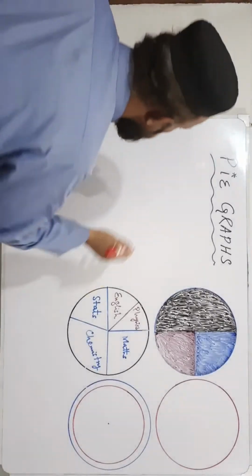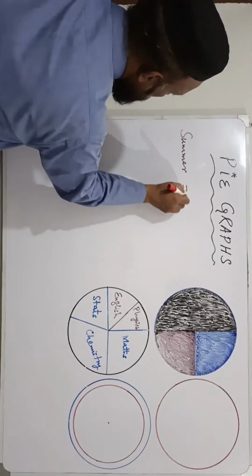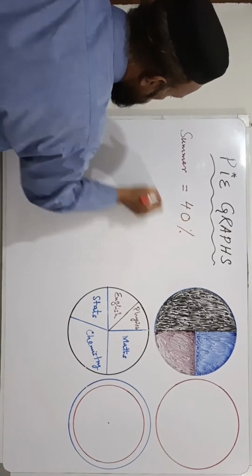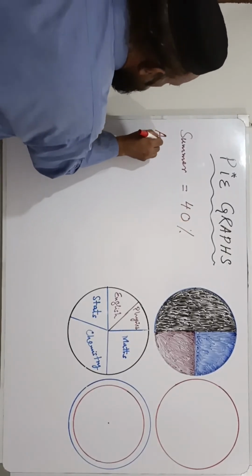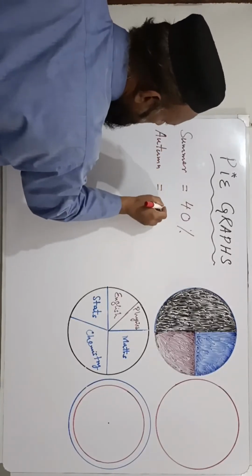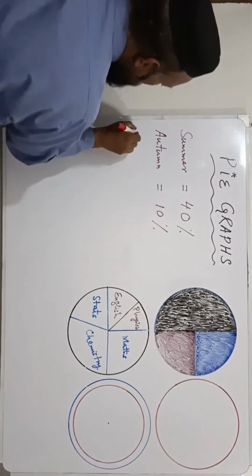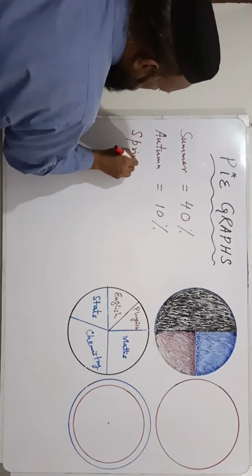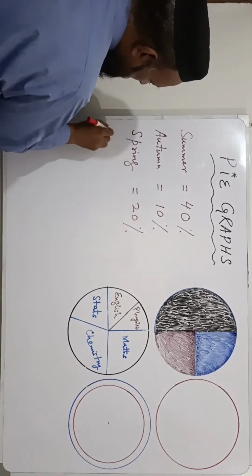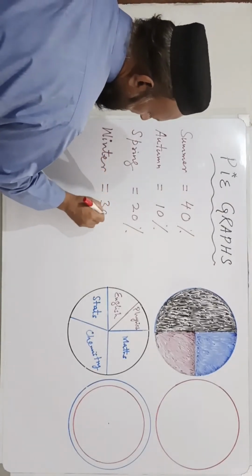Let's suppose the share of summer is 40%, that of autumn is 10%, that of spring is 20%, and that of winter is 30%.